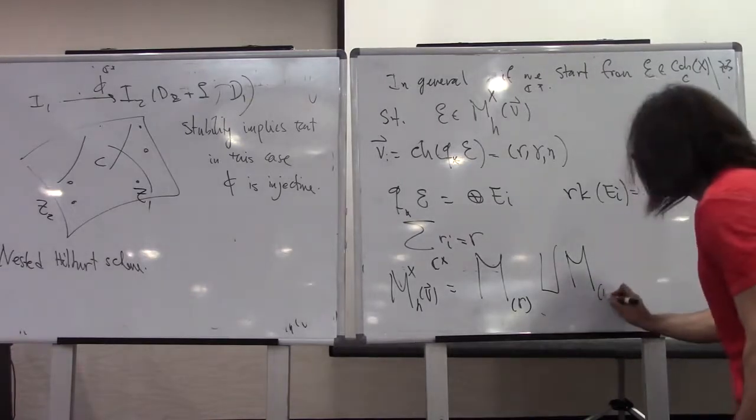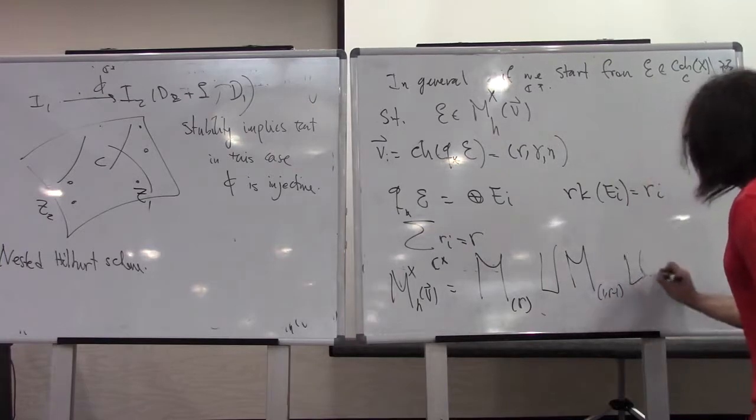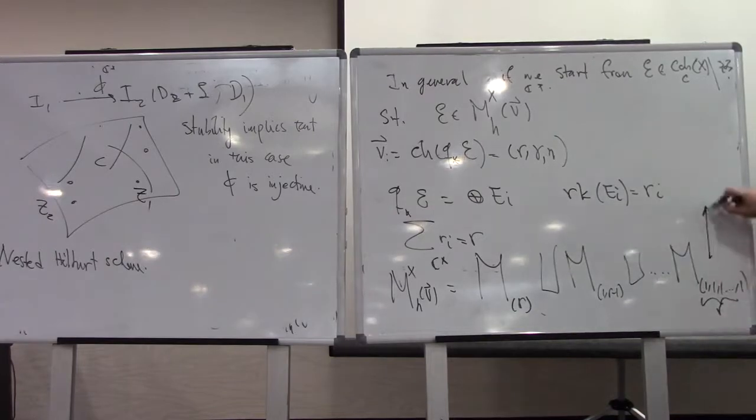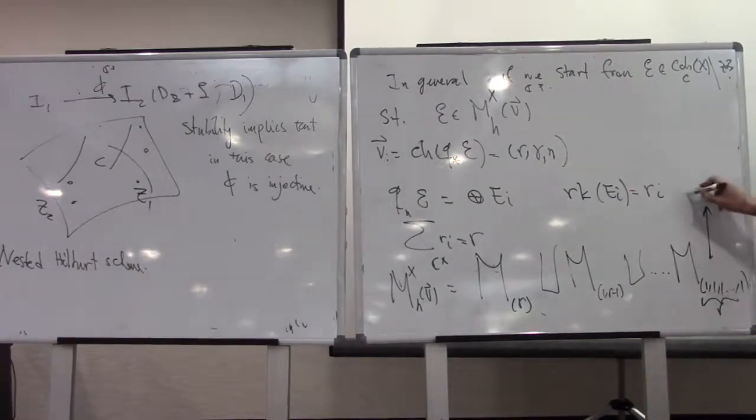And it keeps going, and essentially you hit this 1, 1, 1 partition R many times. This is the one that, in the case of rank 2, we called the nested Hilbert scheme.